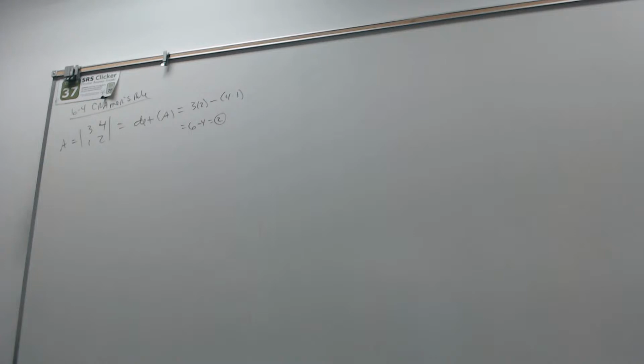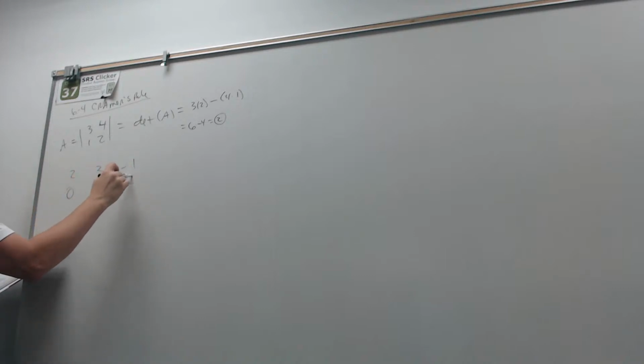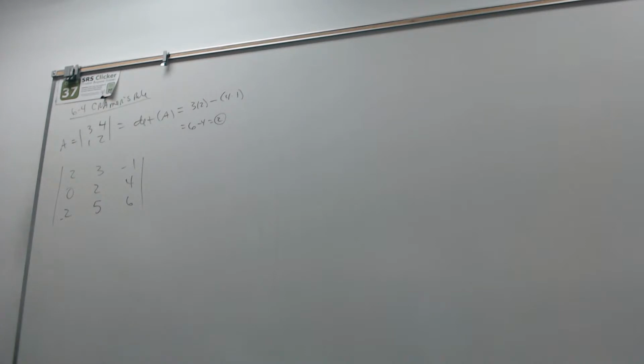2 by 2 determinants. Now, the question is, it's not quite that easy with a 3 by 3. Now, in the book, they call these minors and cofactors. So let's say, for example, that I have 2, 3, negative 1, 0, 2, 4, negative 2, 5, and 6, and I want to find the determinant.